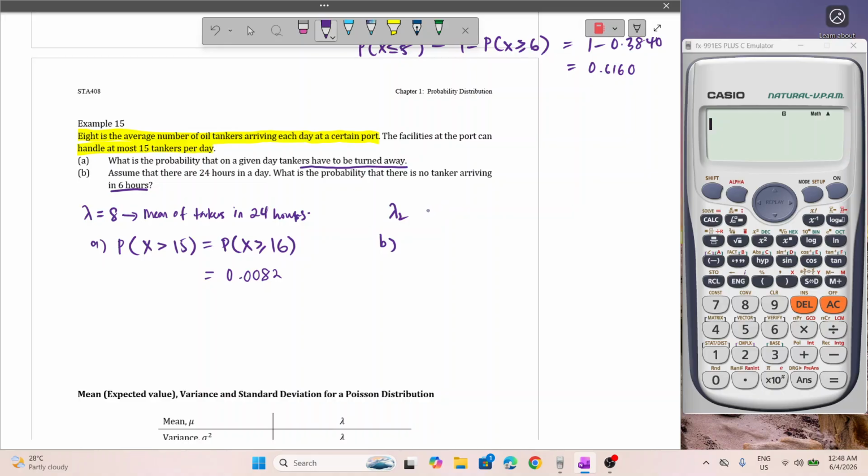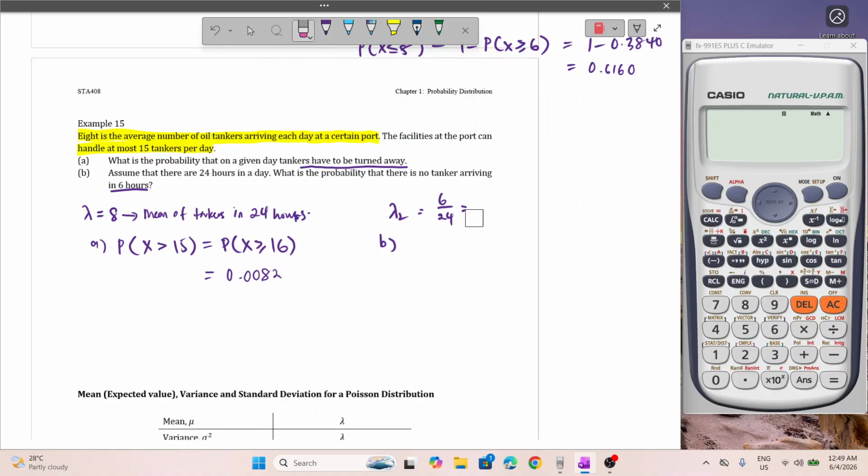So 6 hours is 1/4 of 24 hours, right? 6 over 24 is equal to 1 over 4, right? So this 1 over 4 needs to be multiplied with 8, the actual mean in 24 hours.